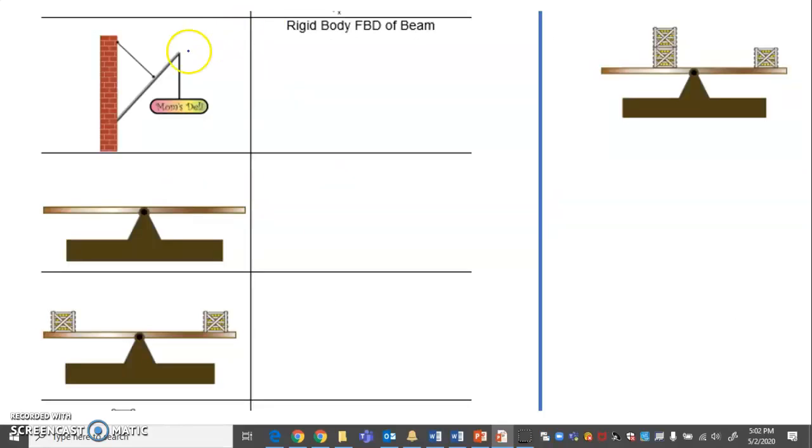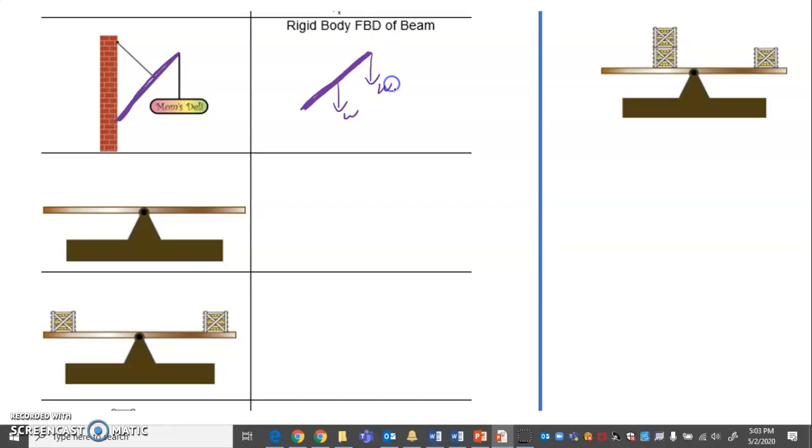So we're instructed to draw a free body diagram for this beam that is right here. So we're going to draw that over here as best we can. Okay, might not have gotten the angle perfect, but that's the thing that we're analyzing. The beam has weight. You don't want to forget that the thing itself has weight.